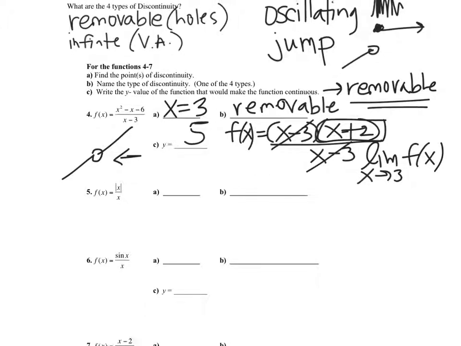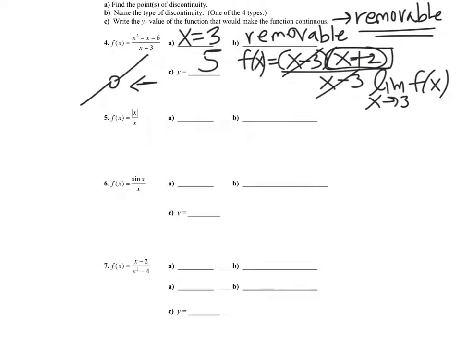Okay, number 5. I already know what the graph of number 5 looks like. You would probably need to graph it, and when you do, you will see that it looks like this. Well, what's the problem? We know x can't be what? 0. So our problem is at x equals 0, and there's a hole in the graph right here, and our graph goes towards 1, and then negative 1, and it goes that way.